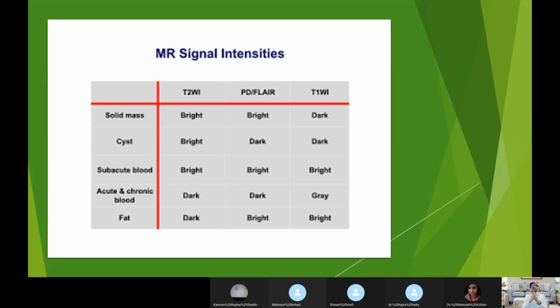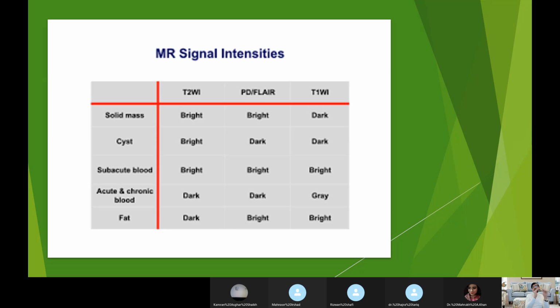Now, MR signal intensities, the solid mass is bright in T2. So now there are three kinds of MRI: T2, FLAIR and T1.